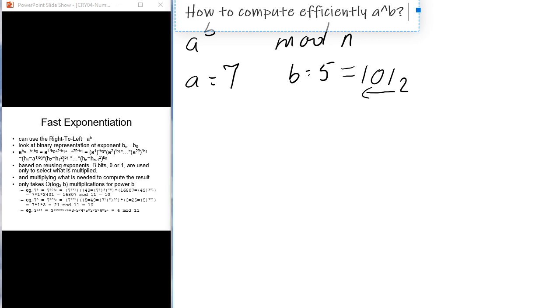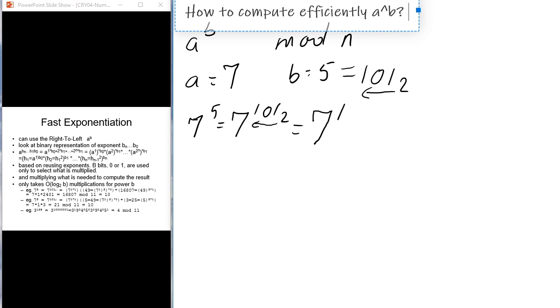So let's first see the computation we are trying to do. We are trying to compute 7 at power 5. And we start by writing the exponent in binary representation. This is further expanded by transferring the binary representation into its decimal representation, and we start from the right.